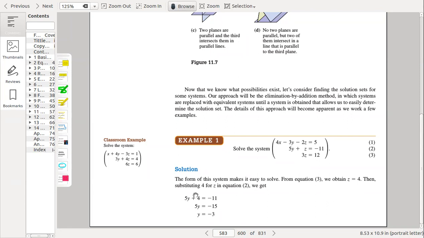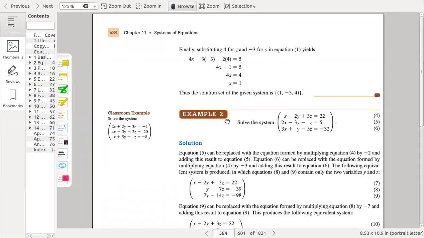Then substituting 4 for z in equation 2, we get 5y equals minus 15 and y equals minus 3. So now we have two values, z equal to 4 and y equal to minus 3.